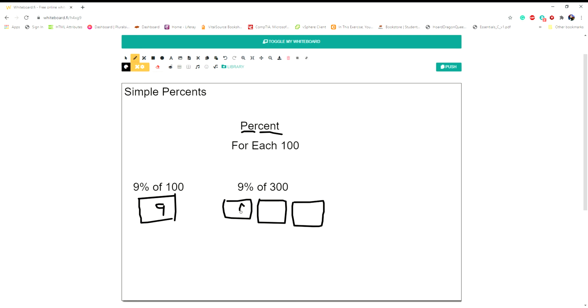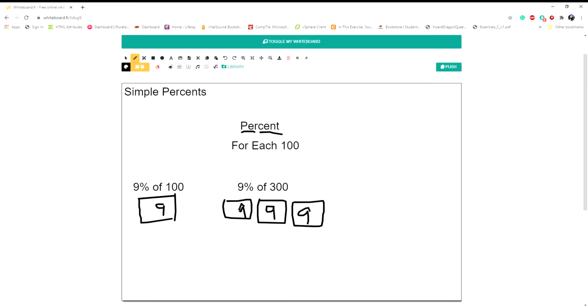So now I know each box has 9 because for each 100 there are 9. And I have 300s. Therefore I have 9 3 times. So it becomes just 9 times 3, which is 27. And that is one of the ways to solve simple percents.